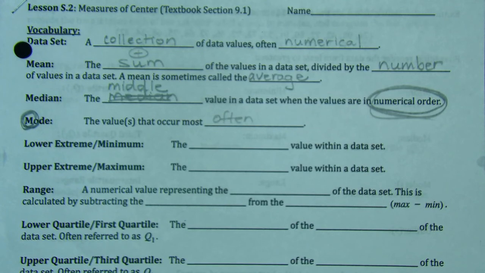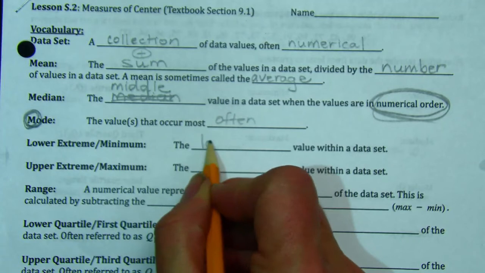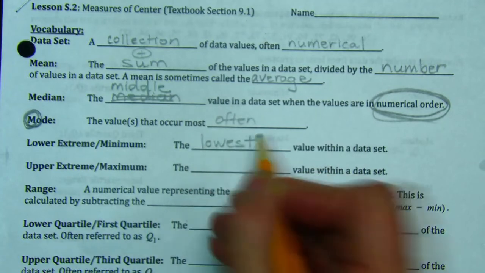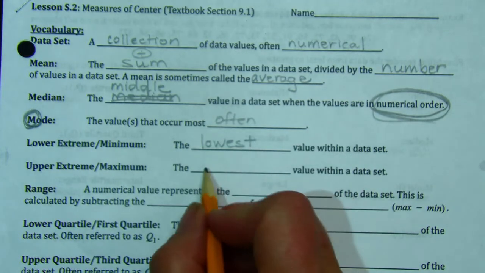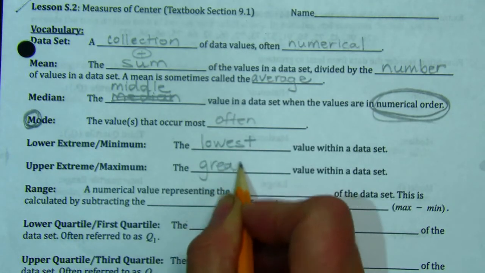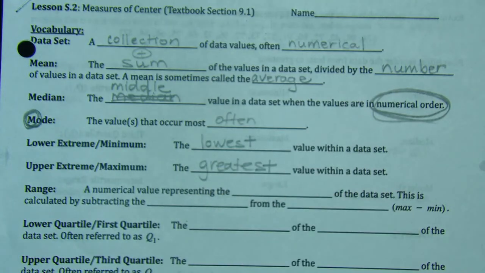The lower extreme, or the minimum, means the lowest value in the data set. And then, of course, the upper extreme, or the maximum, is the greatest value in the data set. The range is the spread between the biggest and the smallest.